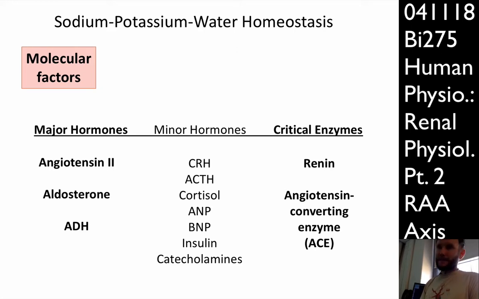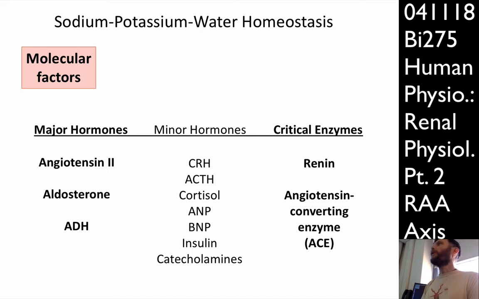It's pretty sophisticated, and I'm going to go through some of the aspects of that. I'm going to introduce the players to the story. These are the molecular hormones, the molecular factors. So they're going to be hormones and enzymes.